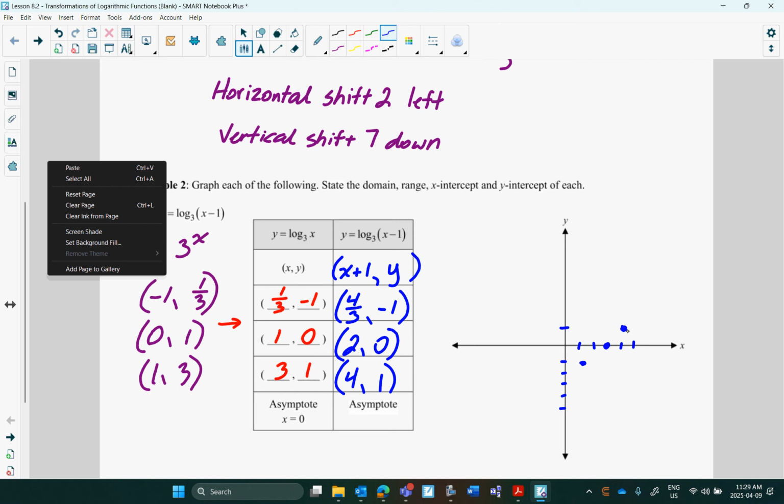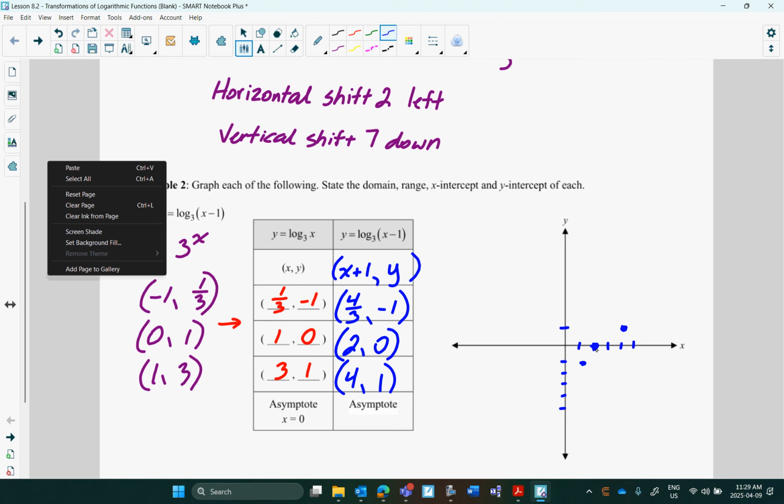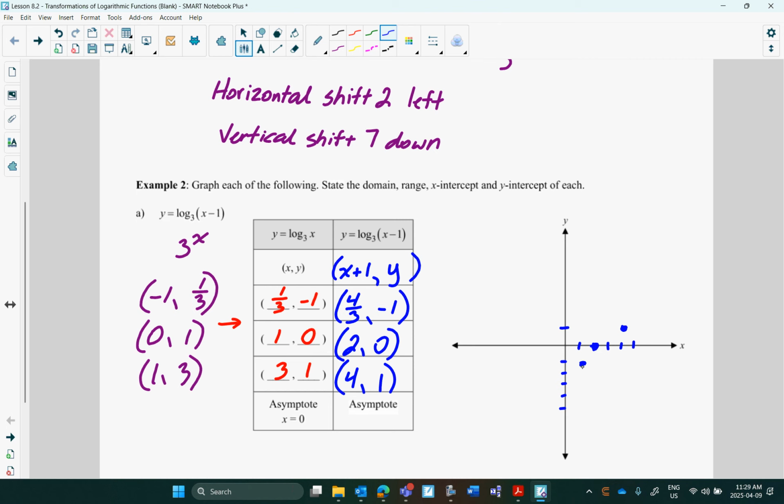Why does that look weird? What did I do wrong? That shouldn't look like that. Oh, that's where it is. Thank you. Good catch. There, that makes more sense. Because it's got to form a curve. Okay, so you should be able to see the curve.